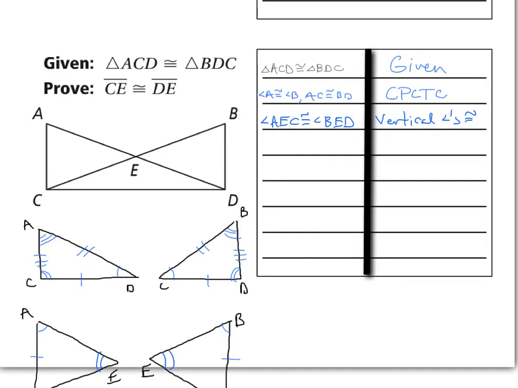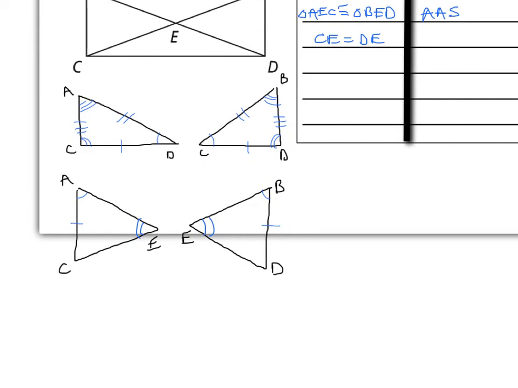Now I can say that triangle AEC is congruent to triangle BED by angle, angle, side. And then I can say CE and DE, which if you look, are CE and DE in this triangle? Sure they are. Here's CE, here's DE. Those are in those triangles. And those two would be congruent by corresponding parts of congruent triangles are congruent.